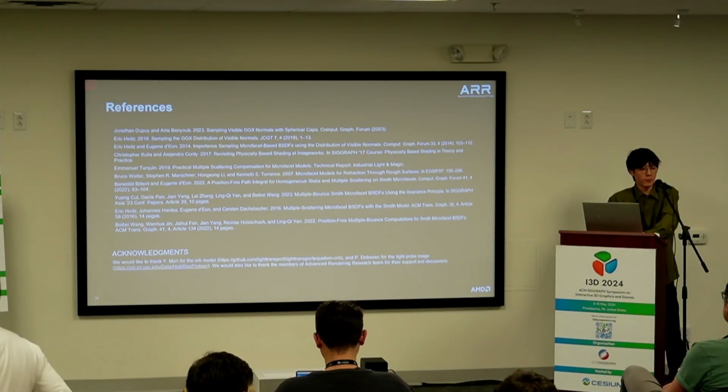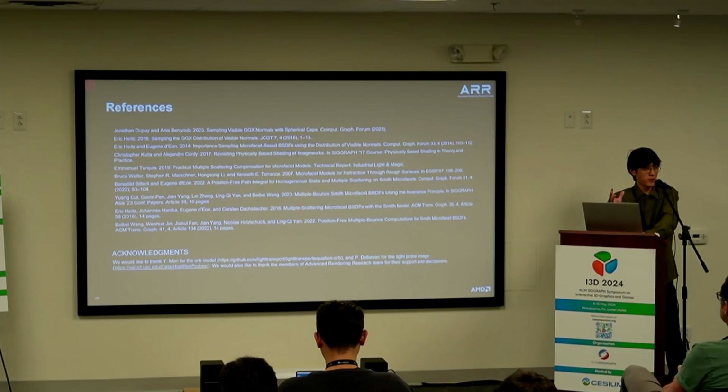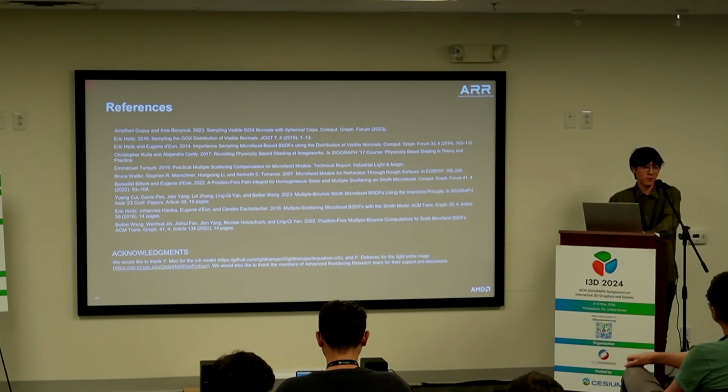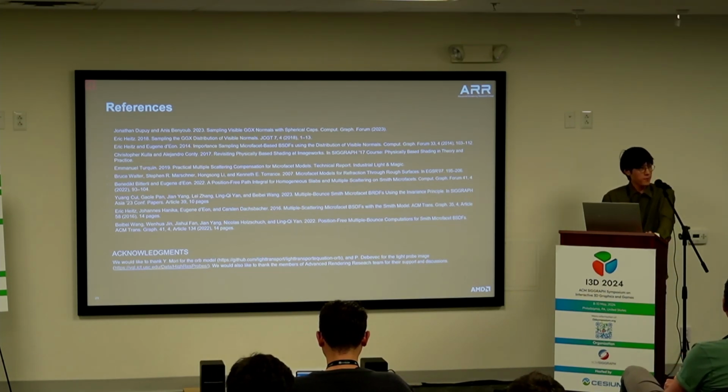But the problem is that such a mapping can be very complex depending on their method. If it's not in the simple form, we cannot derive the simple sampling algorithm. So that could be a problem.